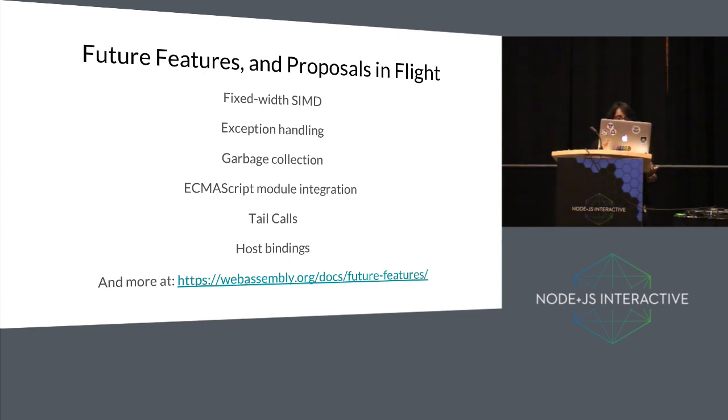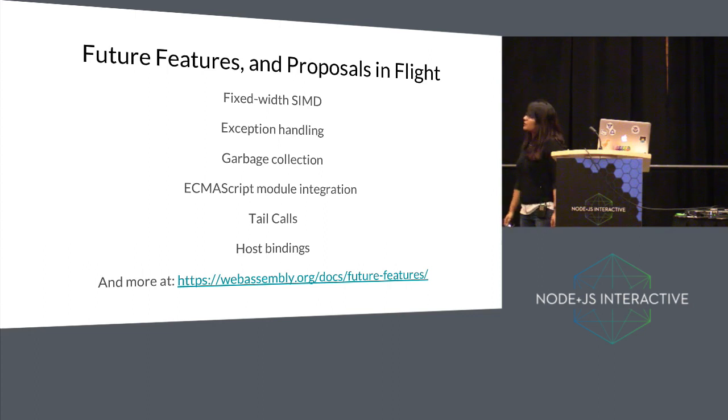There's an ongoing proposal for WASM modules to be interchangeable with ES6 modules. The idea is that the module entry points could also load WebAssembly modules just by passing the URL of the WASM module. There are more proposals in flight, and if you want more details about what these look like, there's a link below that you can follow.